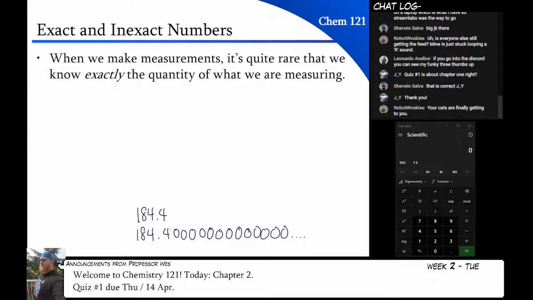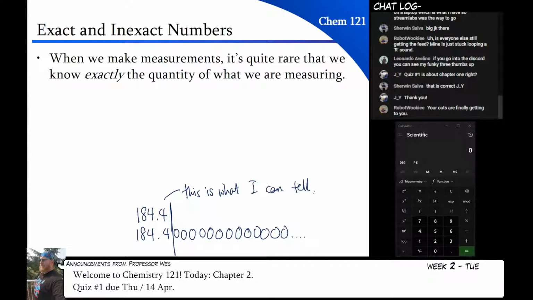But what your scale does is your scale says this. This is all I know. Past this, it's just a random set of numbers. I'm not precise enough to measure that. And so any numbers after the cutoff that it shows are essentially random.